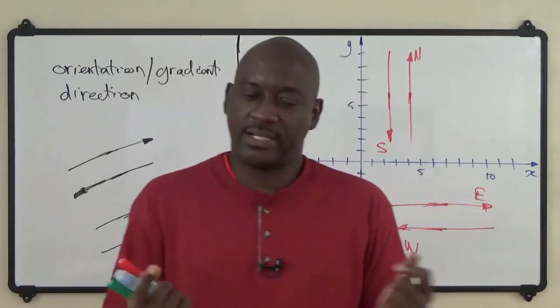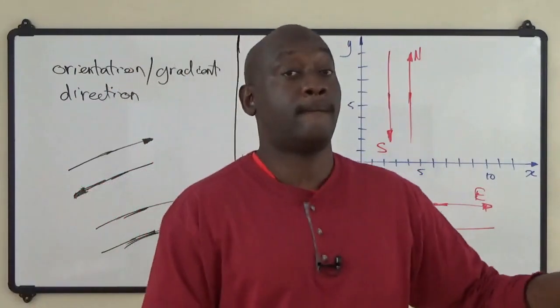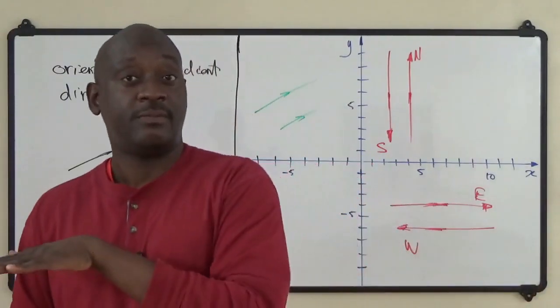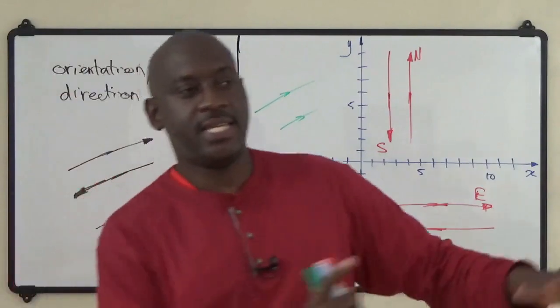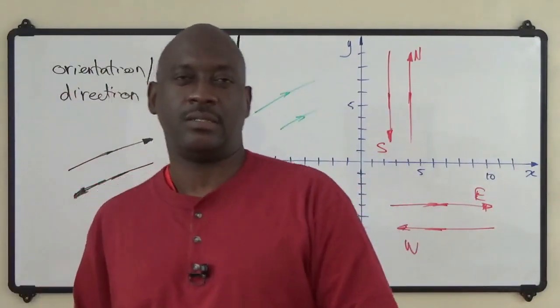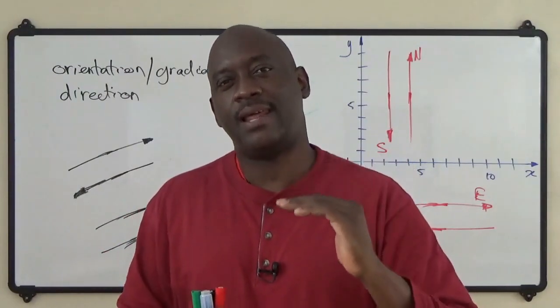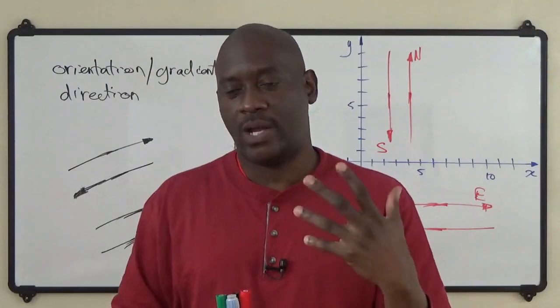So the orientation of your movement is horizontal. But you haven't really said anything yet. You're either moving to the right or you're moving to the left. You're moving to the east or you're moving to the west, etc. So in other words, it's different levels of being specific.